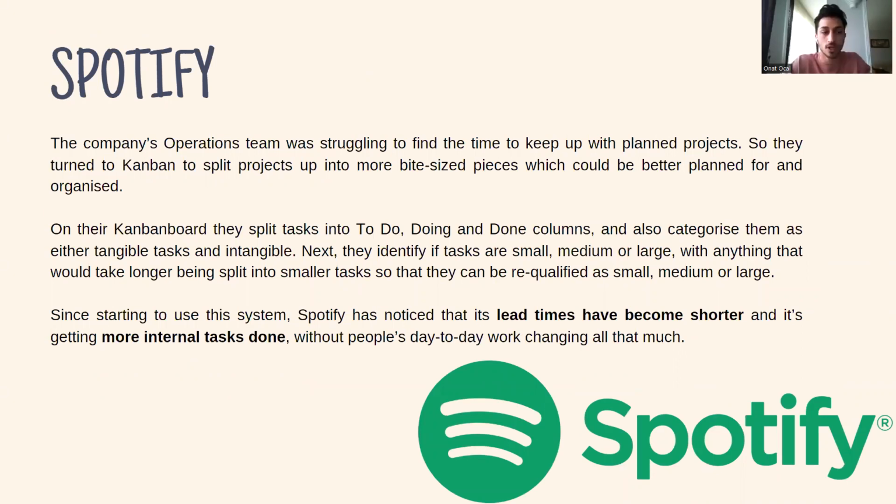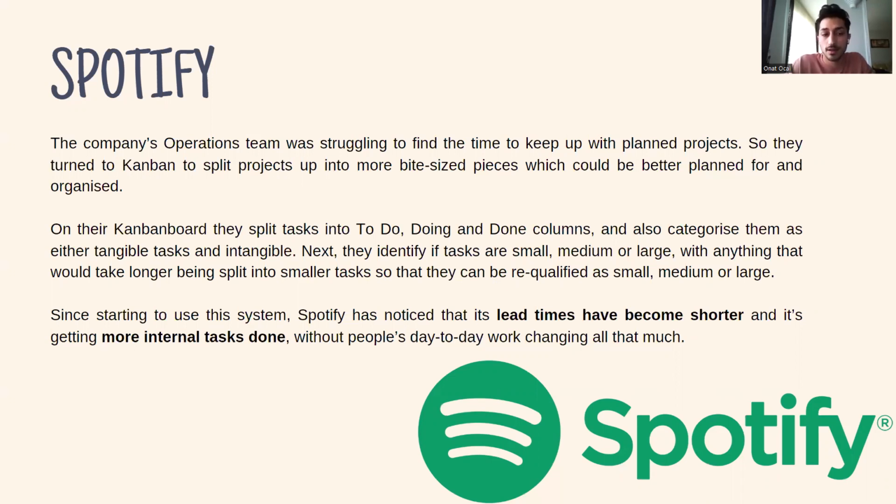Spotify is an audio streaming and media service provider. This sector is very dynamic, so Spotify's operations team was struggling to keep up with planned projects. So they decided to use Kanban and split projects up into more bite-sized pieces, which could be better planned for and organized.